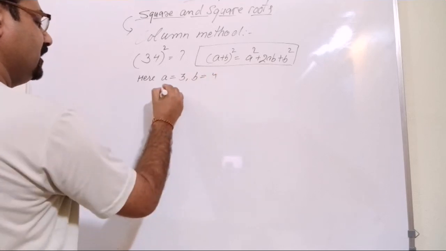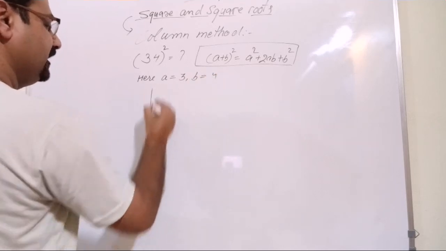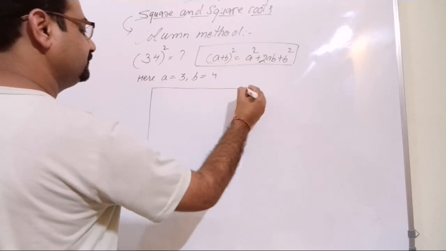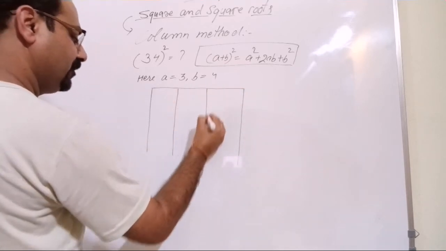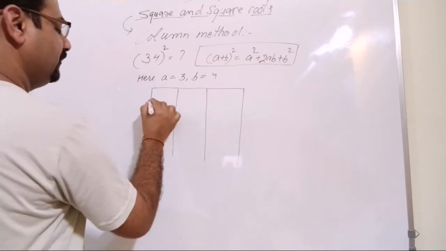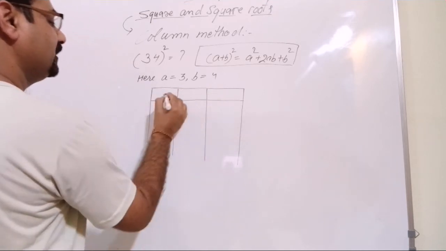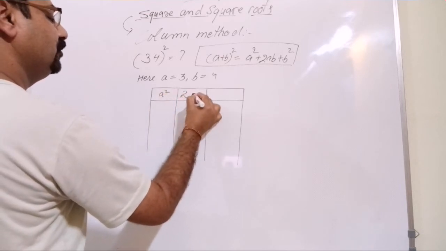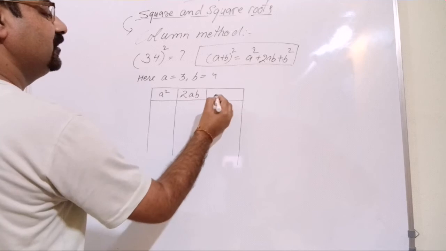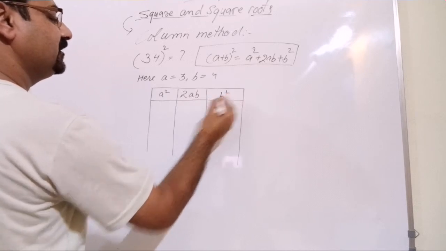Then our column method is, we have to make the columns 1, 2 and 3. In the first column we write a square, in the second column we write 2 into a into b, in the third column we write b square.